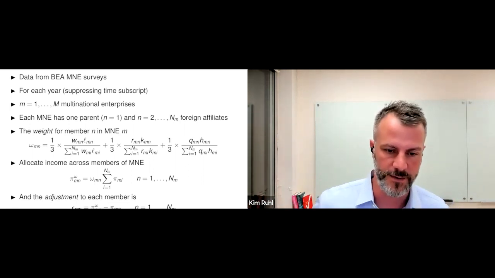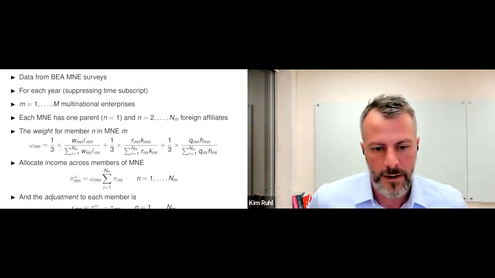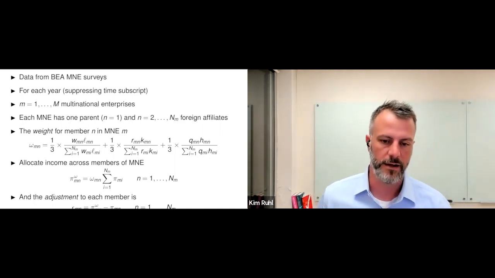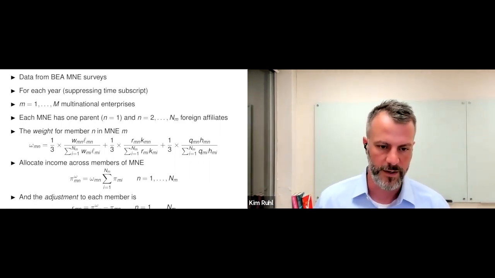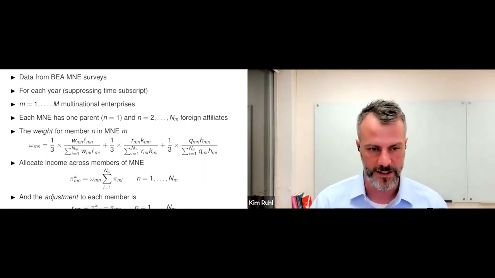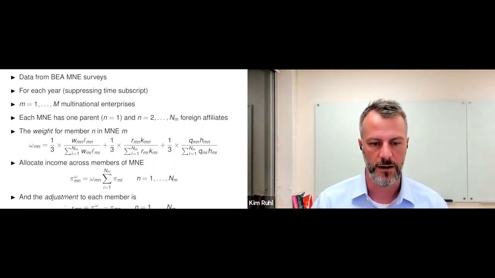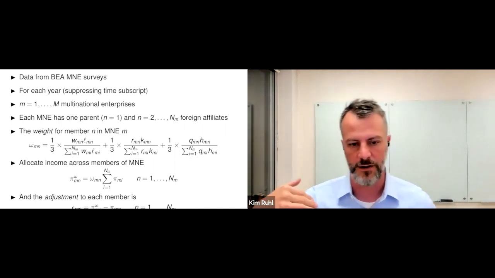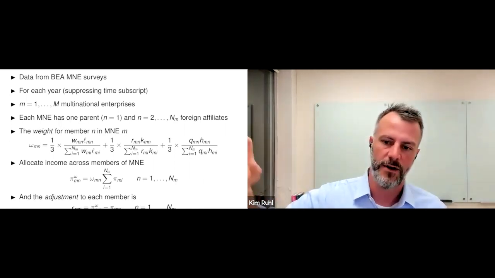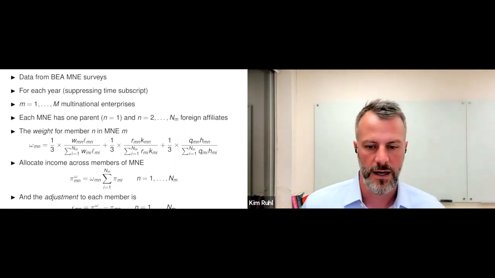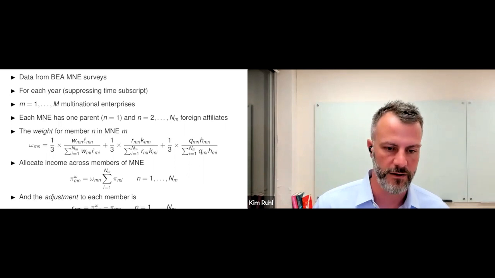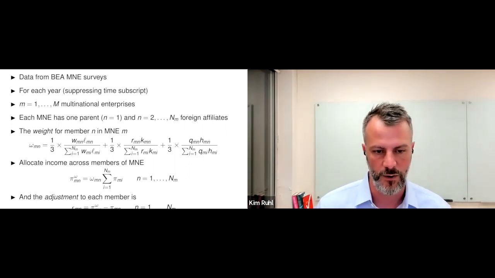So the adjustment is just the difference between the attributed profit to that firm and the reported profit. Now, I'm basically just going to talk about the adjustment going towards the parent, right? That's the U.S., the adjustment to the U.S., but this implies adjustment to all of the firms across the world, and I'll talk a little bit about that. But our main focus here is on the adjustment to the U.S.